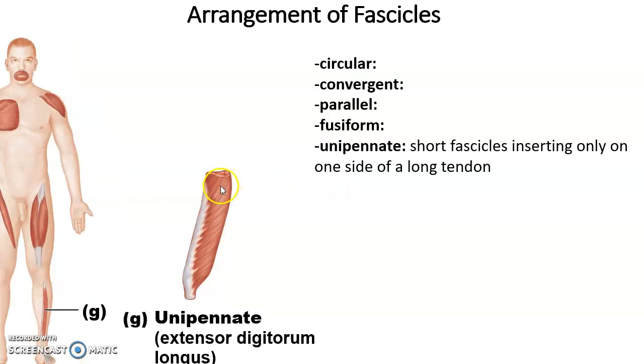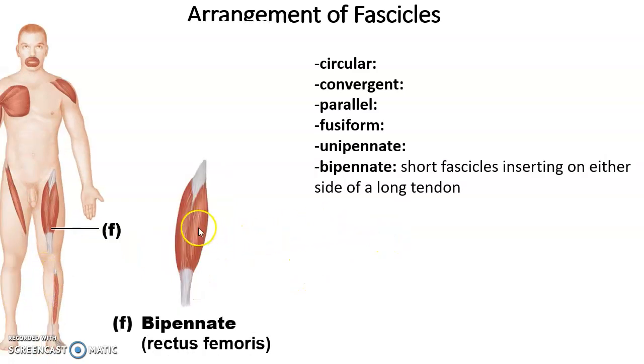And then unipinnate. Unipinnate means that you have a long tendon, and the muscle's fascicles are inserting into that tendon, so it looks kind of like a feather, the little fibers of the feather running along its length. Example of that would be extensor digitorum longus. We have bipinnate, where again you have a longer tendon and the fascicles are inserting into it, but this time on both sides.